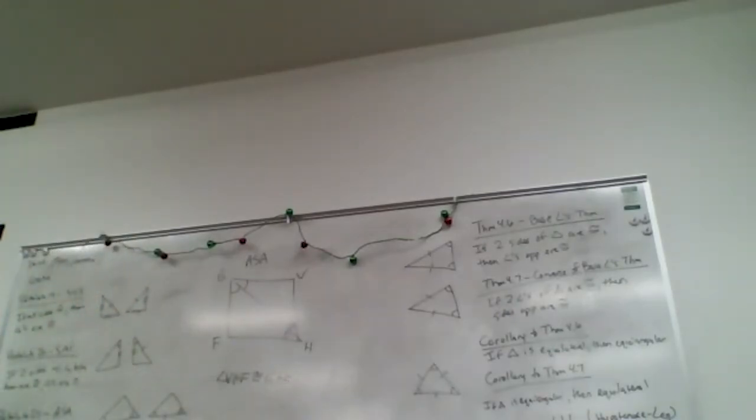So you pay attention to what this says here so that you know which one to give. For this one, it should actually be GHF and GHV have to be congruent, or VHG and FHG, however you want to write that.